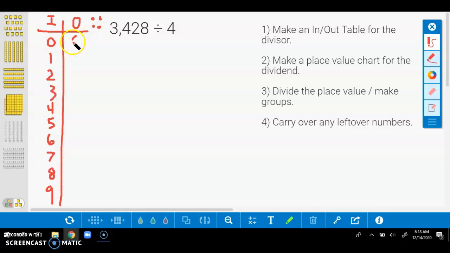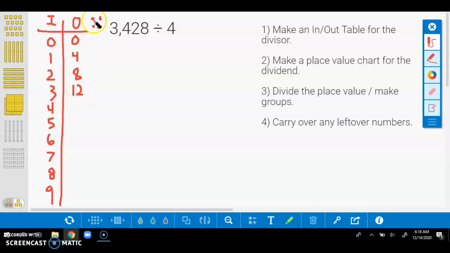0 times 0, then I go 1, 2, 3, 4. 1 times 4 is 4. 5, 6, 7, 8. 2 times 4 is 8. 9, 10, 11, 12. So as you see, I'm just counting our dots going up to make sure that I have the right number.